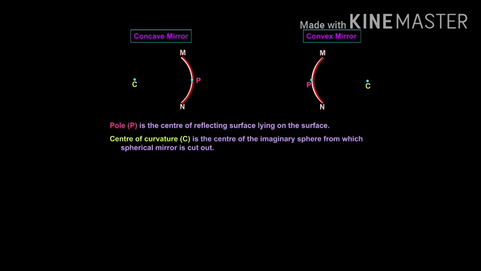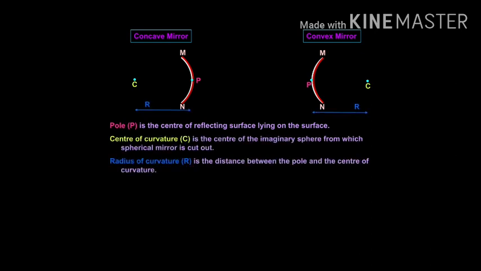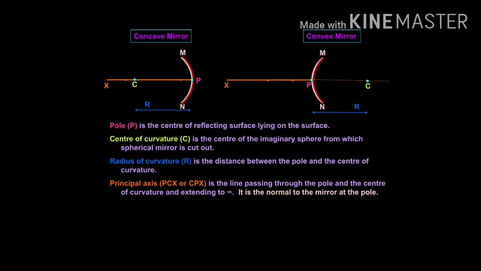But before that, it is important to know that the distance between the center of curvature and the pole is called the radius of curvature. As you can see, the distance from the pole to the center of curvature is the radius of curvature, and the line that joins the pole to the center of curvature is the principal axis.